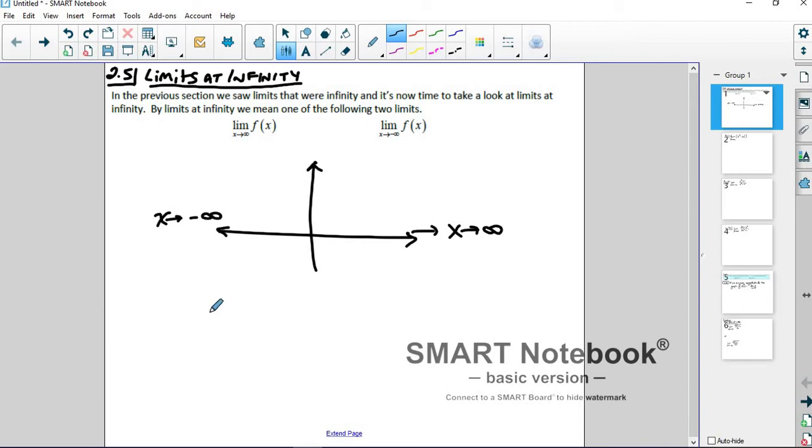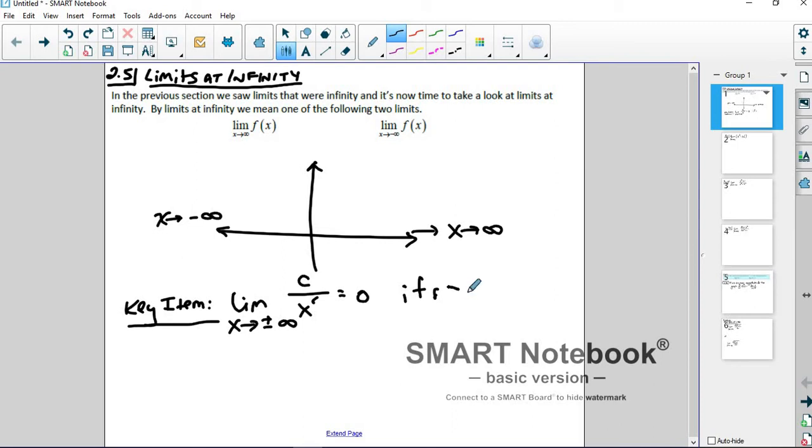And one key fact that we need to help us to do this, this is the one key idea that we need, and that's this: the limit as x approaches infinity, plus or minus, either one, of a constant over x to the r power is always equal to 0 if r is a positive exponent in the denominator here of x.